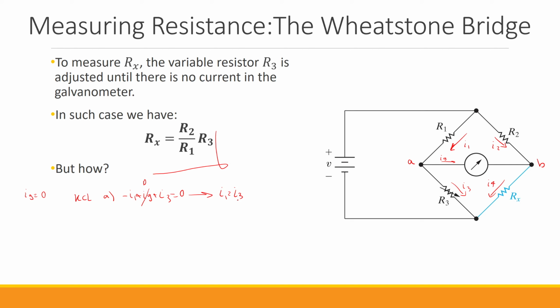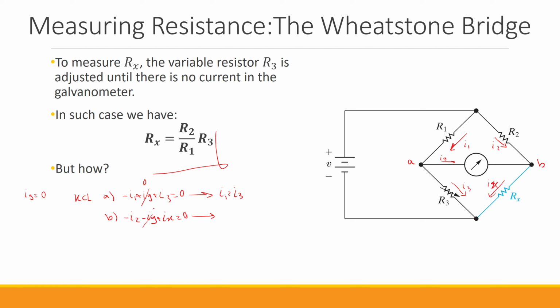Let's do the same for node B. For node B, we have negative I2, negative IG plus I4, let's just call it IX. So negative I2 minus IG plus IX equals 0.